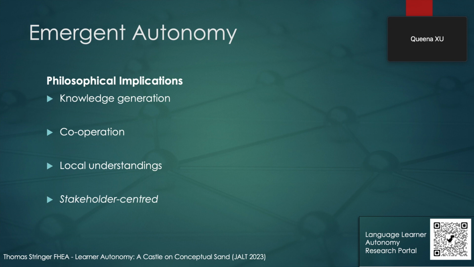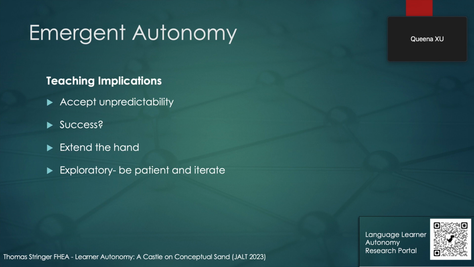And localized understandings will be crucial. In other words, what it means to be autonomous will preclude a traditional quantitative analysis that tries to reason outwards, right, to the general. And again, stakeholder-centeredness rather than just learner-centeredness, as I mentioned before, right?